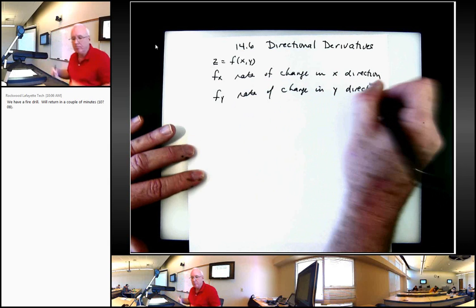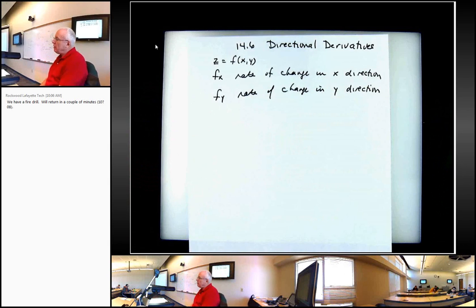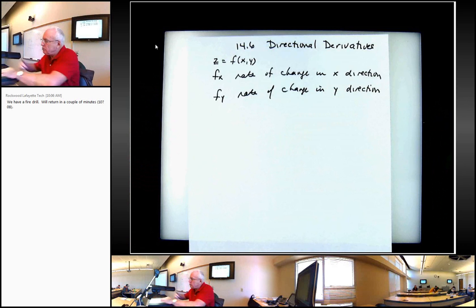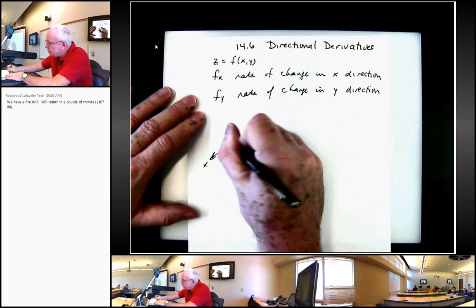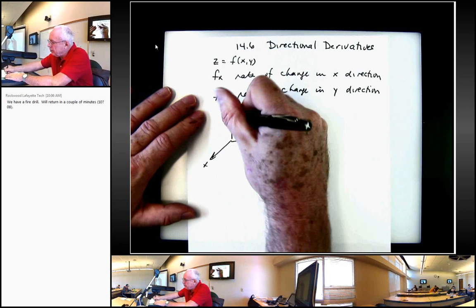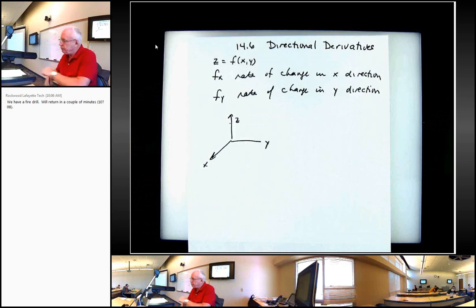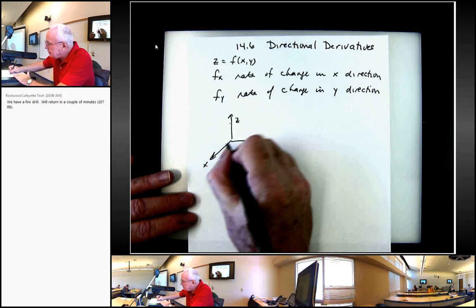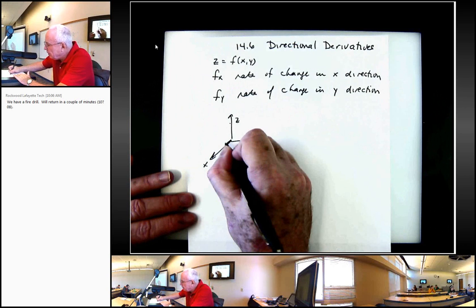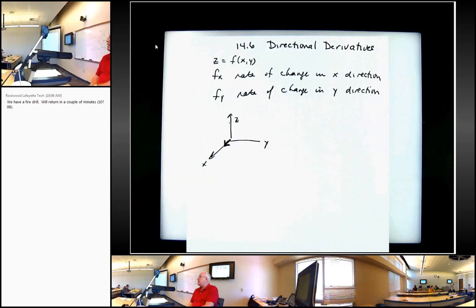All right, okay. Now, another way of looking at that, the rate of change in the x direction: here's x, here's y, and we're going up here to z. So we're talking about the rate of change in the x direction. What's a unit vector that points in that x direction?